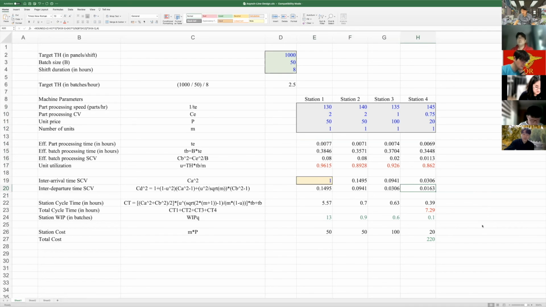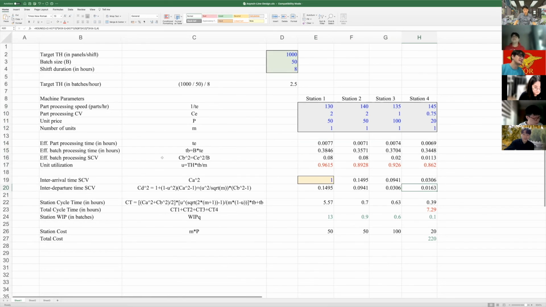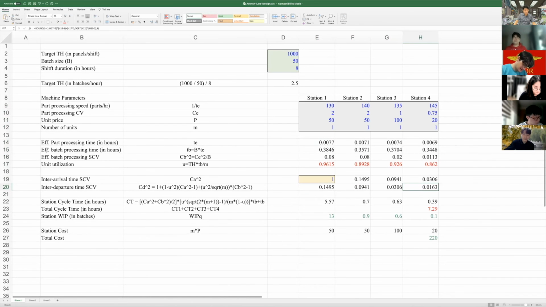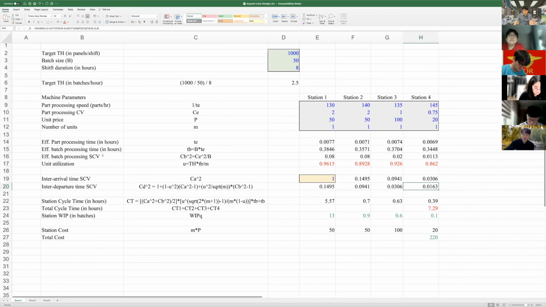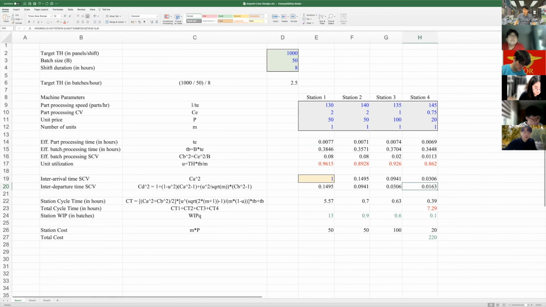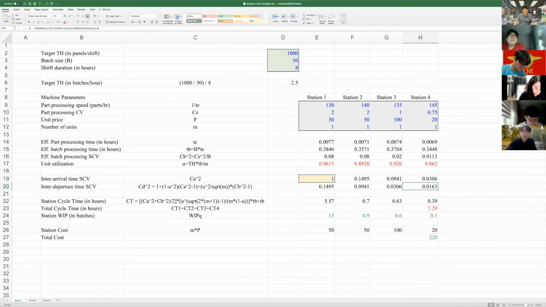Somewhere, have you calculated again and finally got the right number, 7.8? Okay, good job. So in here, the squared CV was calculated in terms of the batch.